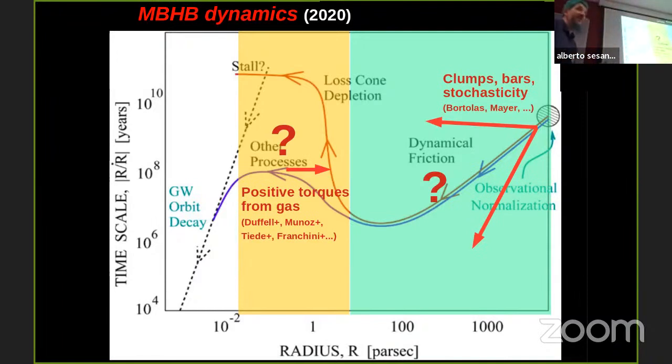This scenario has been explored extensively, in a few papers, and in fact, we worked out scenarios where we just assumed that the binary stalls when it forms. So you can take a semi-analytic model. In the semi-analytic model, when two galaxies merge, you form a binary.